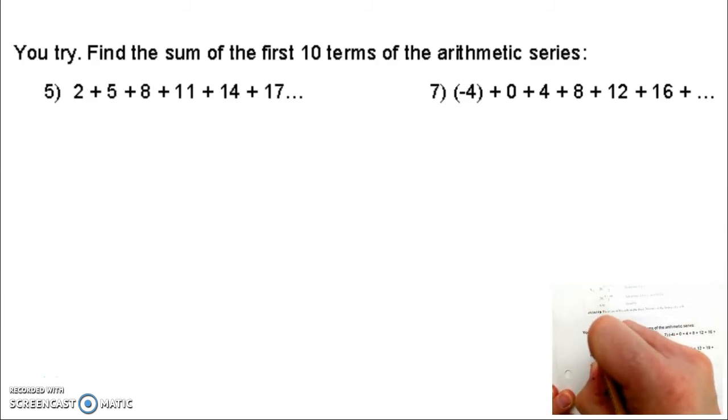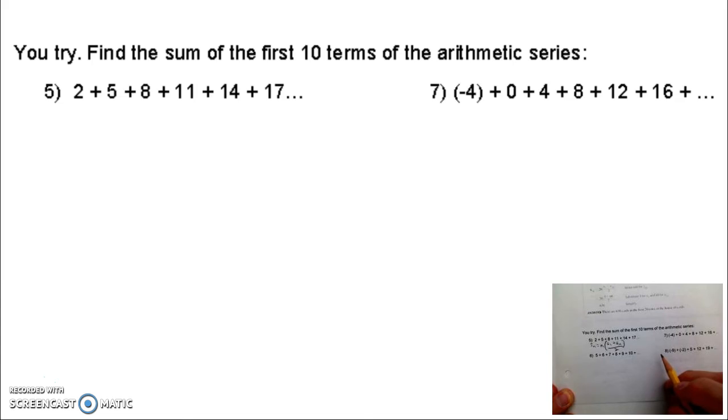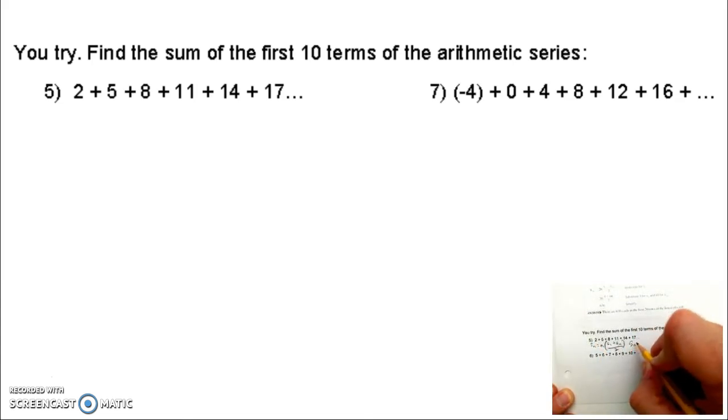So S sub n equals n times a sub 1 plus a sub n over 2. All right? So we have 2 and 17. So S sub n equals 1, 2, 3, 4, 5, 6 terms times 2 plus 17 over 2.